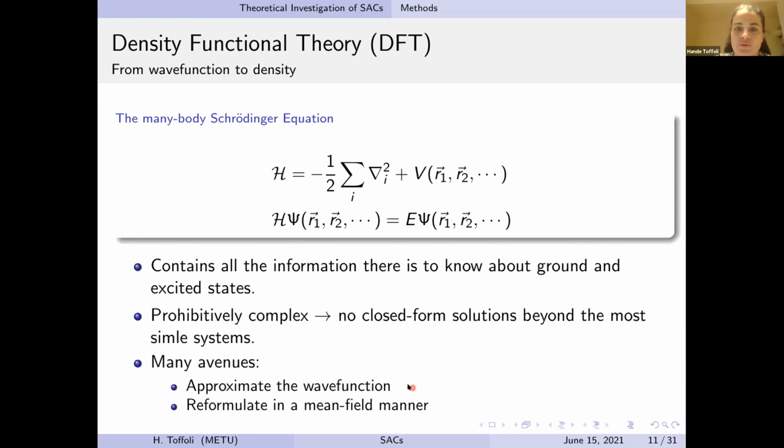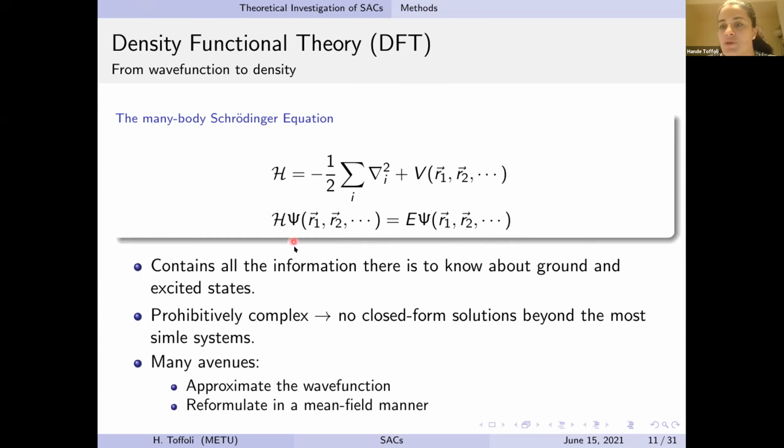In quantum mechanics, we assume that once we solve this complicated differential equation, where the first operator describes kinetic energy and the second operator describes any interactions in the system, we know everything there is to know about both the ground state and the excited states of your system.